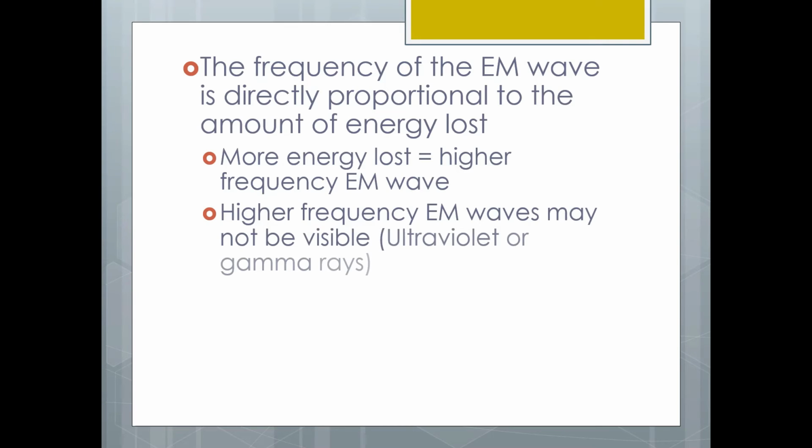In this way, if you drop a particularly large amount of energy levels, your particle could emit an electromagnetic wave that we can't see, either in the ultraviolet light or in the gamma ray section, or even maybe X-rays or things like that. And that all depends, again, on just how far the drop in energy is and how much energy the substance or the electron is emitting when it makes that fall.